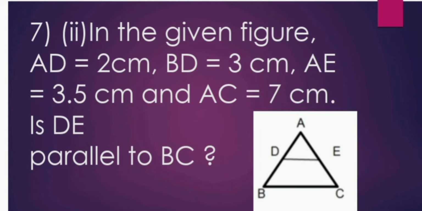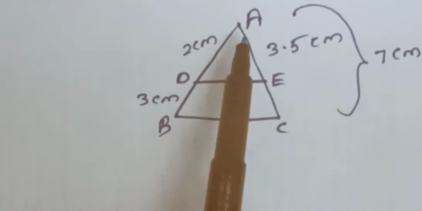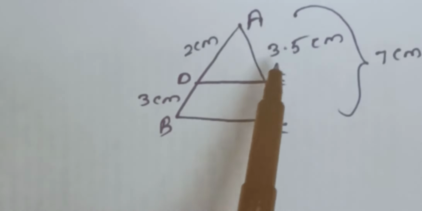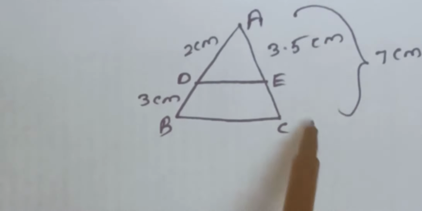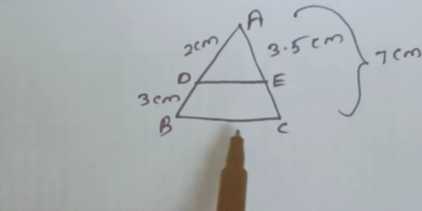Now we are going to do the second part of question number 7. In the given figure, AD is 2 cm, BD is 3 cm, AE is 3.5 cm and AC is 7 cm. Is DE parallel to BC? Now we have to find out whether DE is parallel to BC.